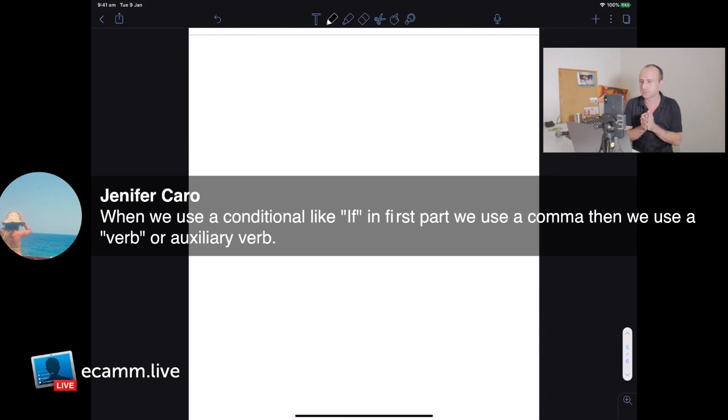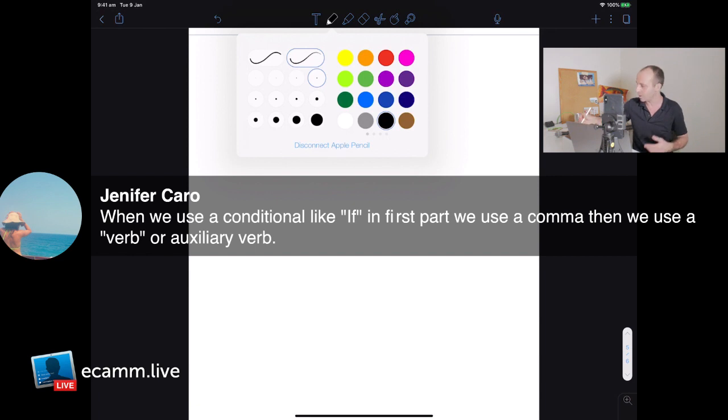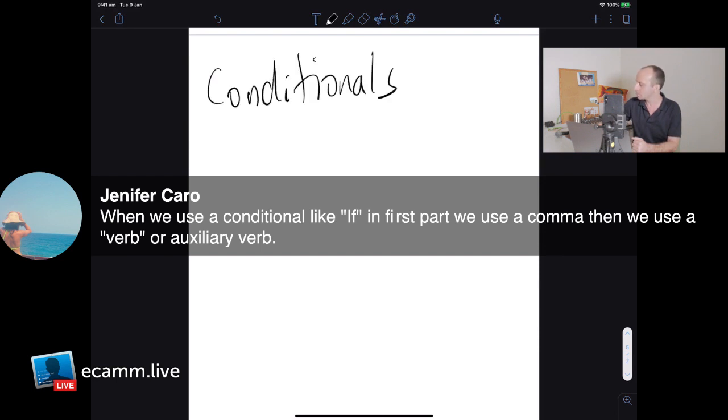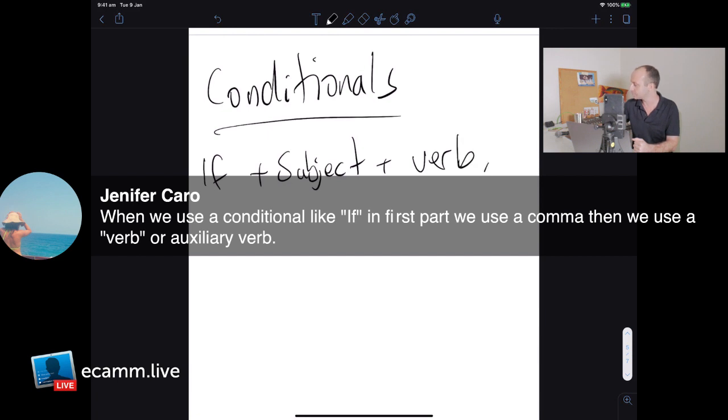Jennifer, when we use a conditional like if, in the first part we use a comma, then we use a verb or auxiliary verb. I'm not sure exactly where you're going with this, but I'll give you an example. Because oftentimes people say that conditionals are if plus subject, sorry to get a bit mathematical on you, if plus subject plus a verb, comma, subject plus verb.